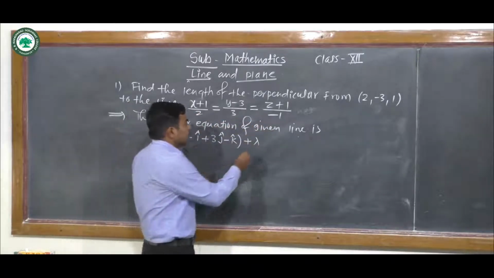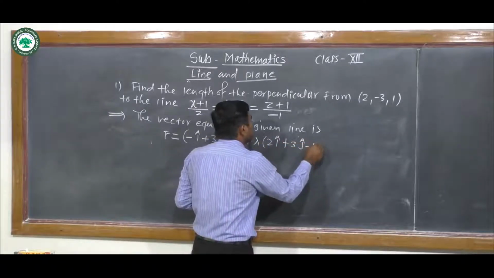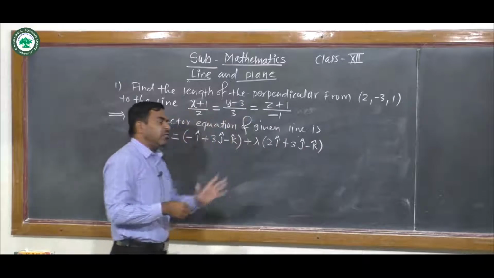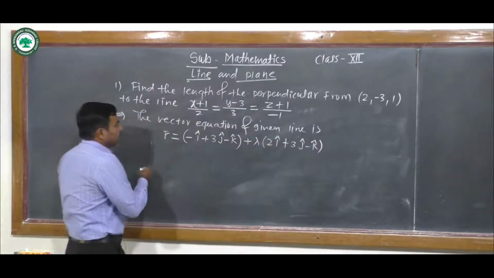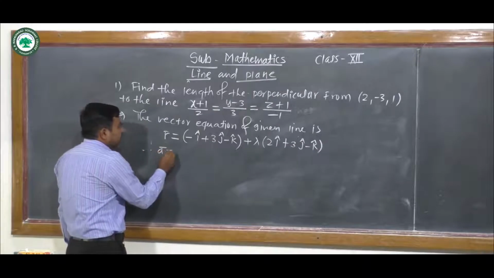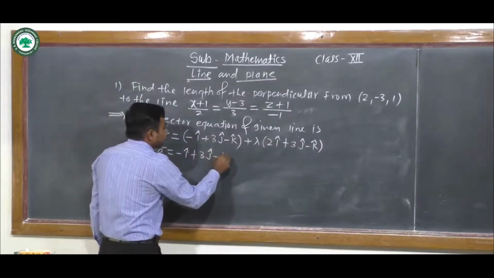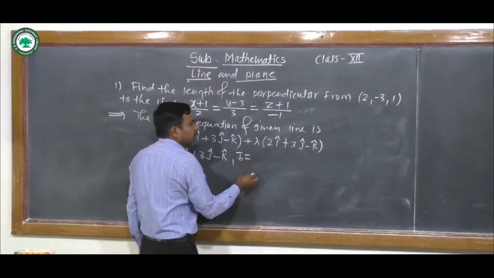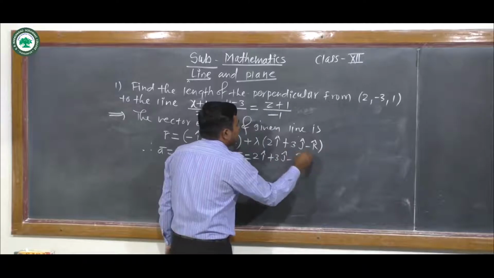So B bar is 2i cap plus 3j cap minus k cap. This is the vector equation of the line. Therefore A bar is minus i cap plus 3j cap minus k cap, and B bar is 2i cap plus 3j cap minus k cap.